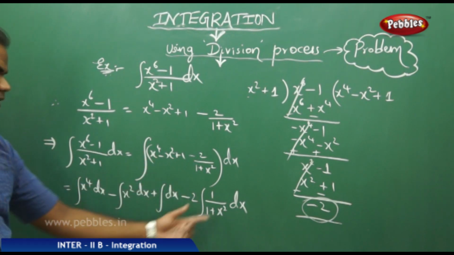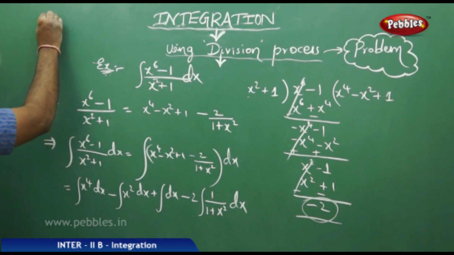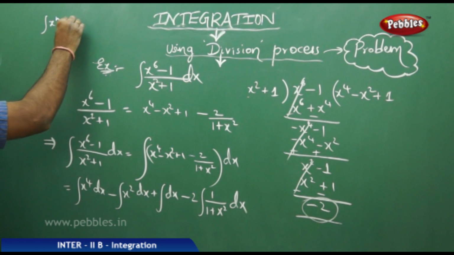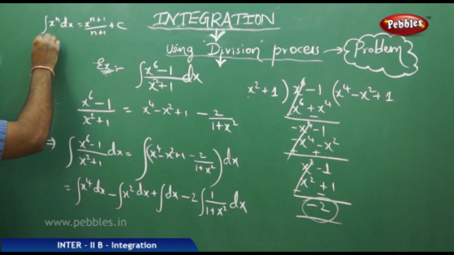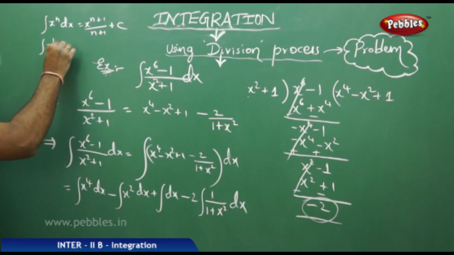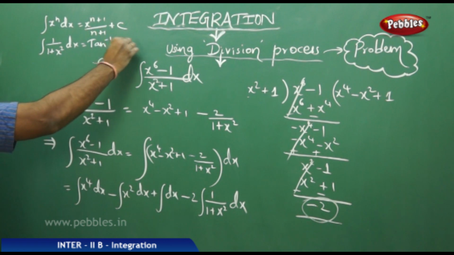Splitting the integration and taking all constants out, I get this. Then using the standard formulae, we have two: integral x power n is x power n plus 1 by n plus 1, and integral 1 by 1 plus x squared is tan inverse x.